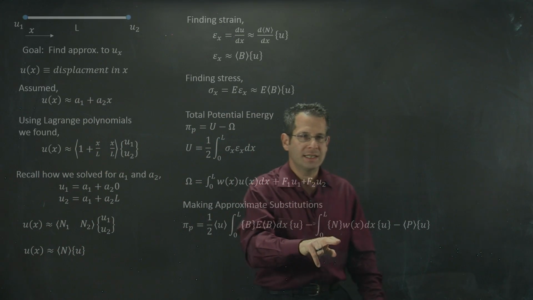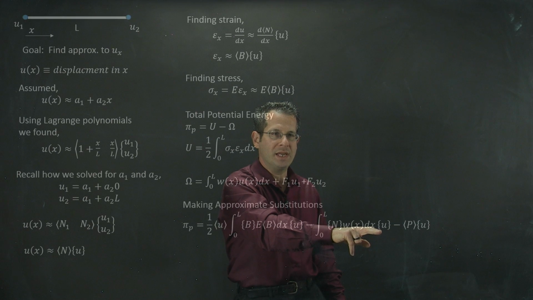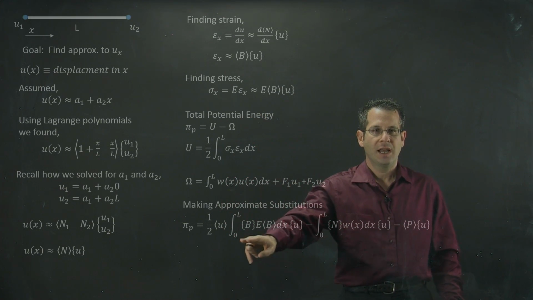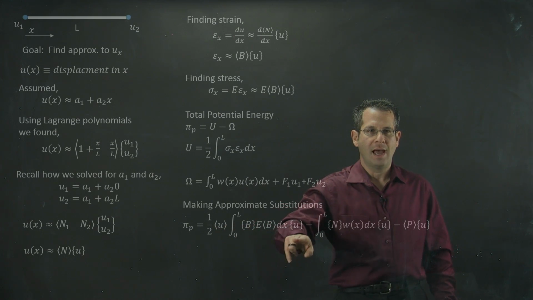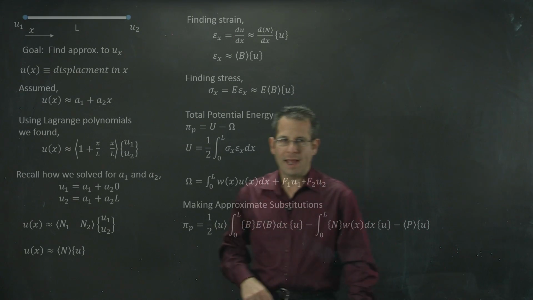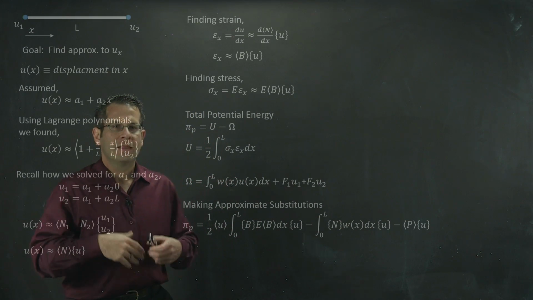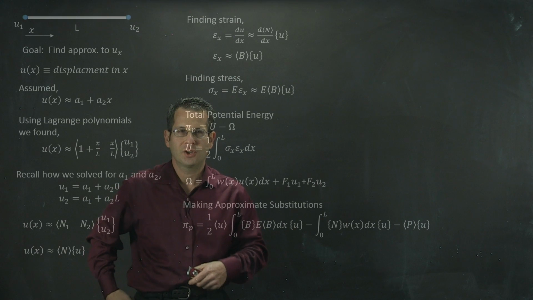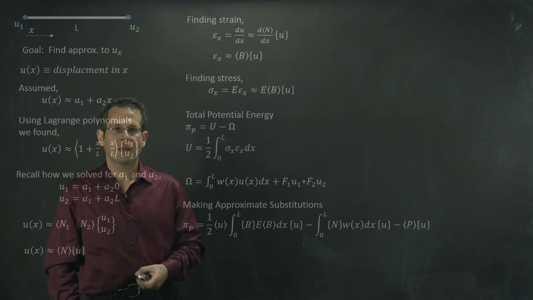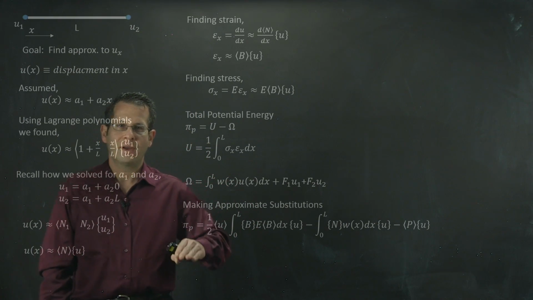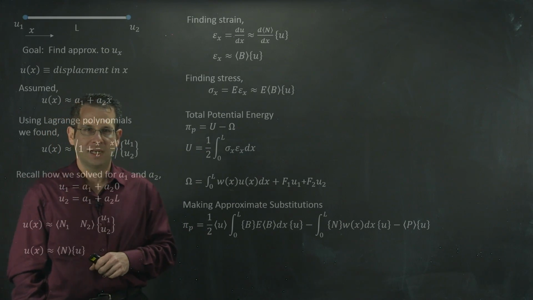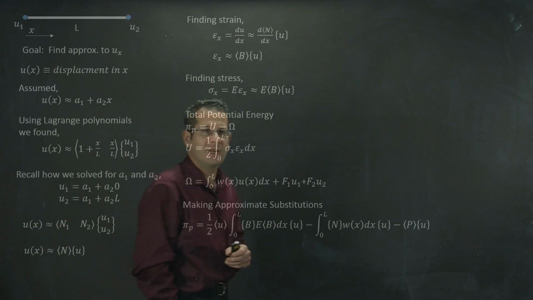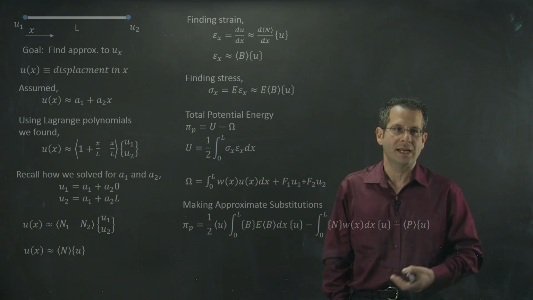Notice this expression has a vector u here, and this expression has a vector u here. This expression has a u and a second u, and therefore this expression turns out to be a quadratic in terms of u. Our next step, now that we found an expression for the total potential energy, is to take the derivative of the total potential energy with respect to my displacements.